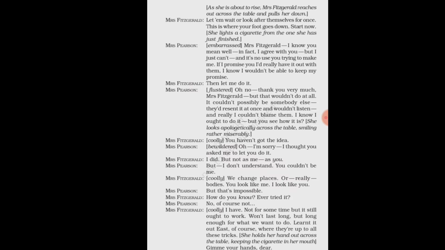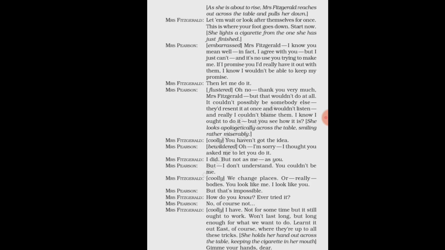Mrs. Fitzgerald says she didn't get the idea; she's trying to tell her something else. Mrs. Pearson says she thought she was asking to let her do it. Mrs. Fitzgerald says, I did, but not as me, as you. Mrs. Pearson: But I don't understand. You couldn't be me.